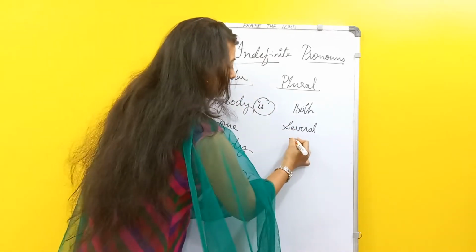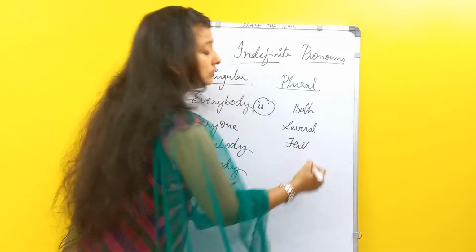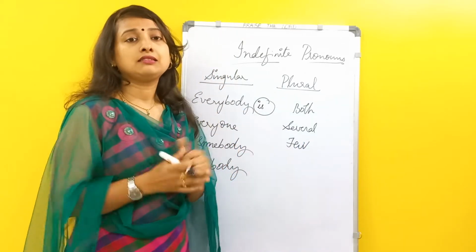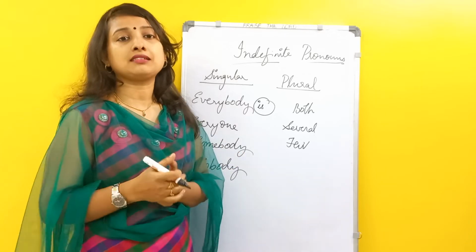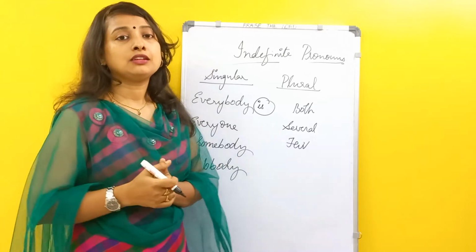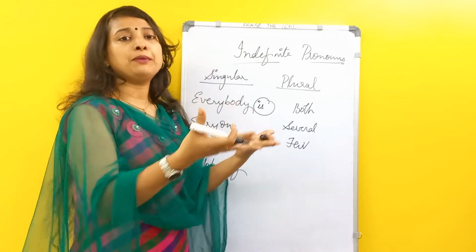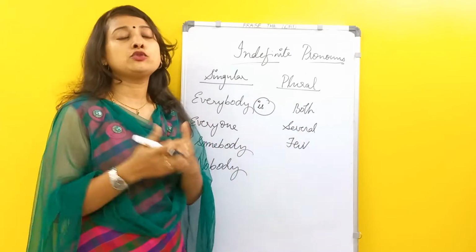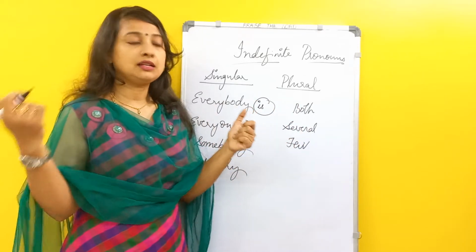Few of the children are sick. If I say few of the children, plural, are sick. Several of them, we are saying it in multitude, like we are using it for many.